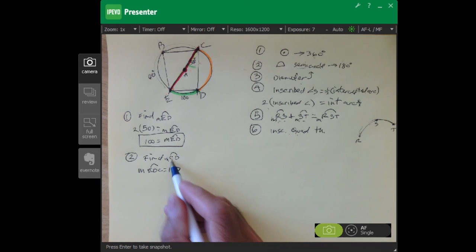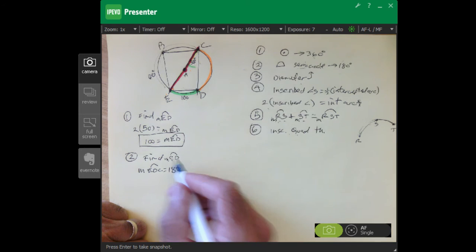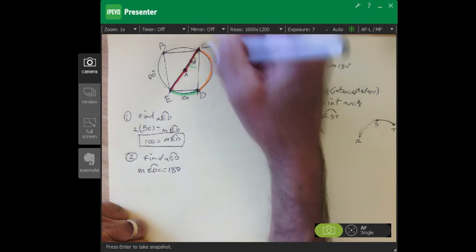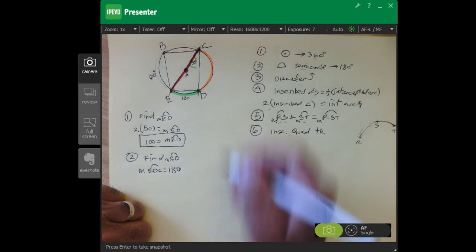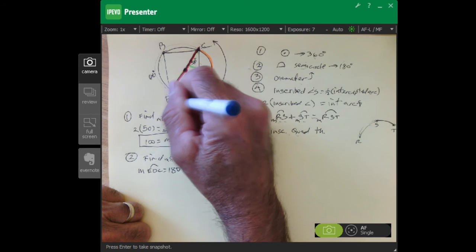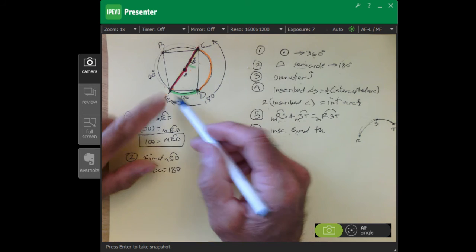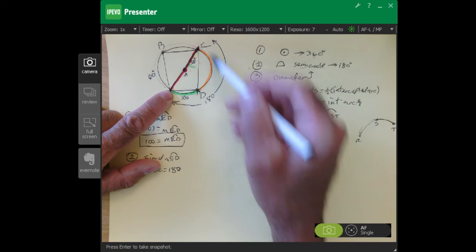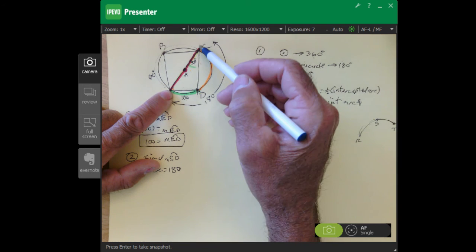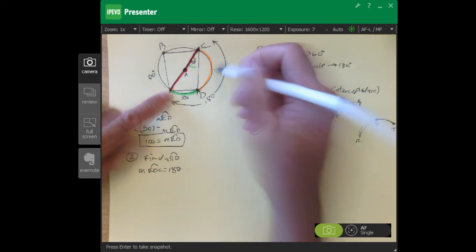But we're trying to find CD, which is the same as DC. The direction you go doesn't matter. So we have 180 degrees all the way. And the drawing isn't very good, but if you go 100, and the whole measure is 180 and you've gone 100 already, what's left over?